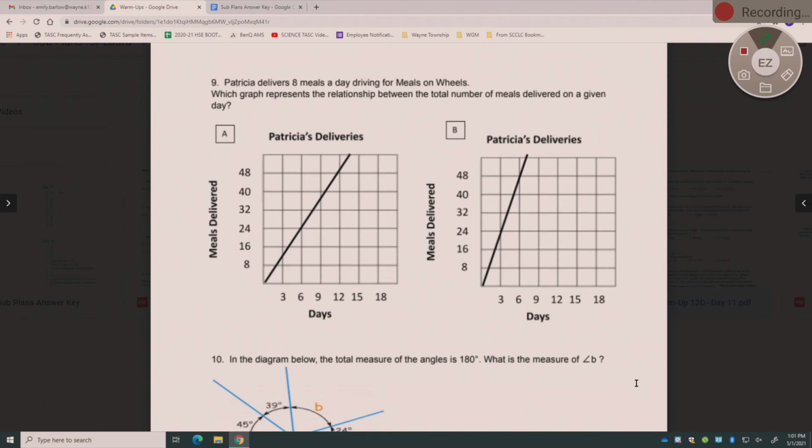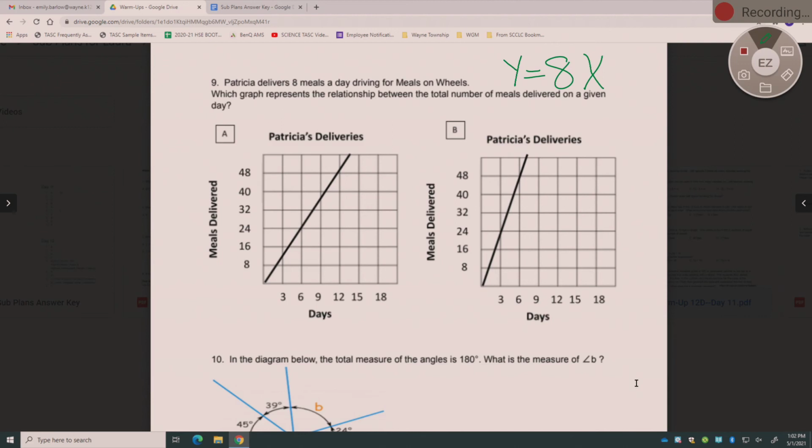All right, number 9. Patricia delivers 8 meals a day driving for Meals on Wheels. Which graph represents the relationship between the total number of meals delivered on a given day? So we know that her total of meals, which would be y, equals 8 meals per day, which would be x, right?